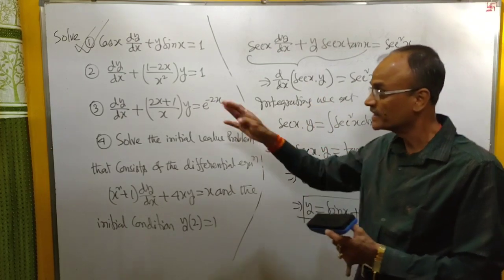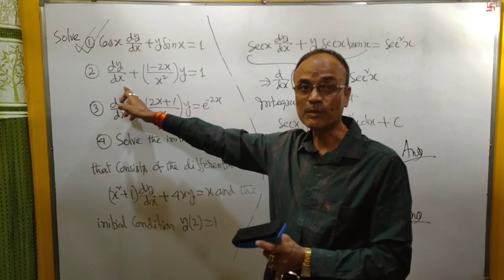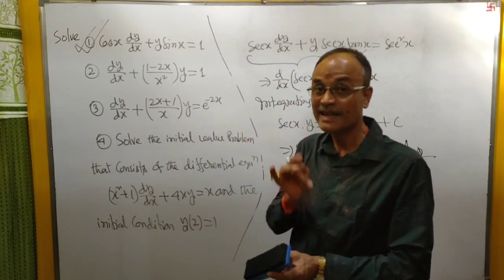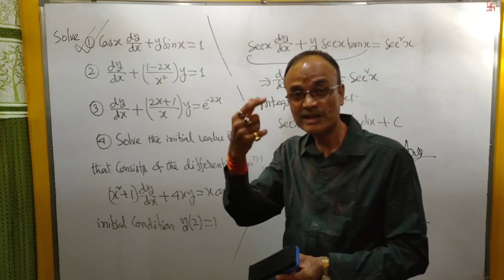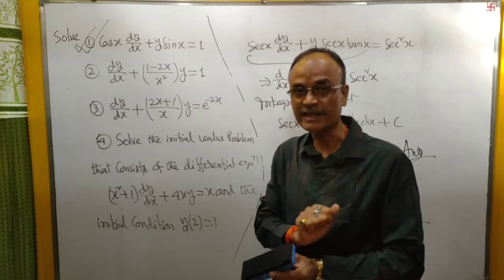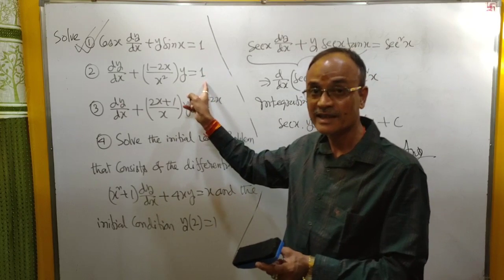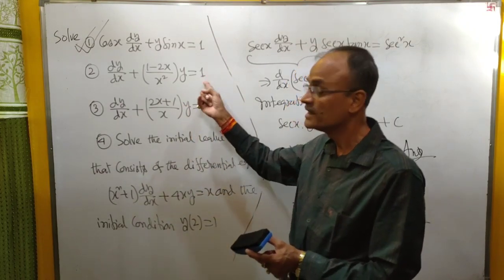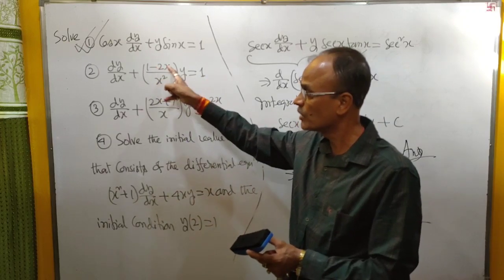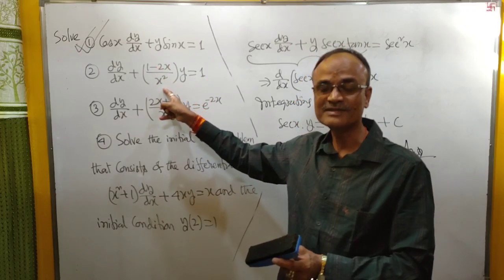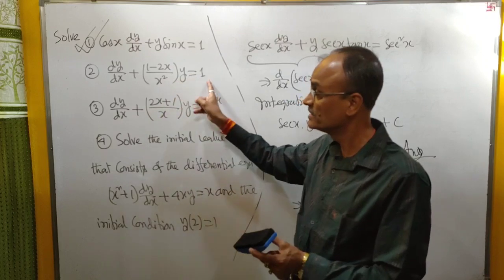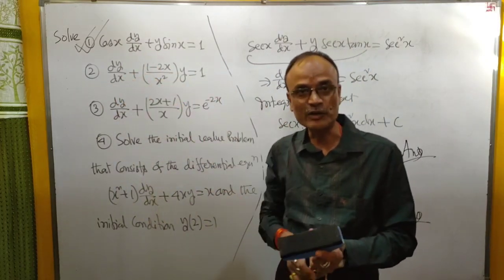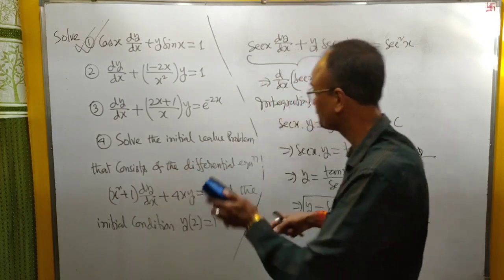Question number 2, look at it. It is also of the form dy by dx plus py equal to q. Q is a function of x or a constant. One is a constant. Q can be a function of x and can also be a constant. P is this, 1 minus twice x divided by x square, a function of x. This means equation number 2 is also a linear differential equation of first order and first degree.